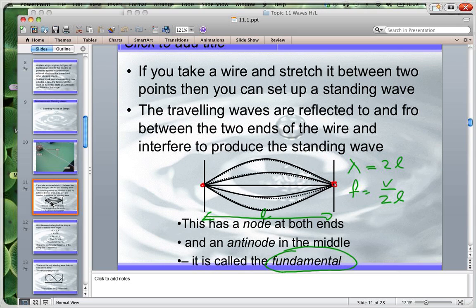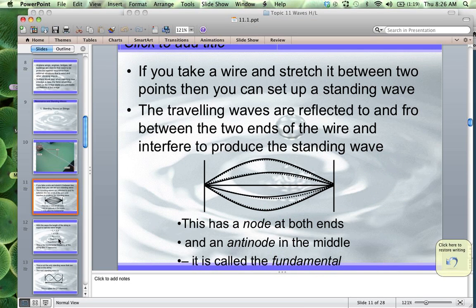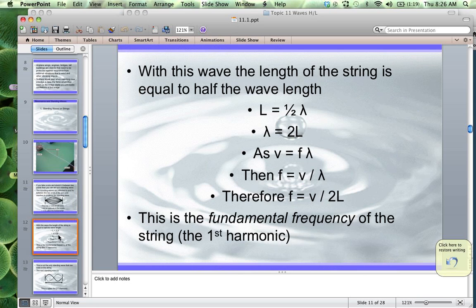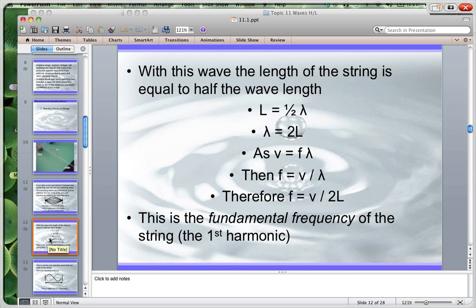That's called the fundamental frequency or the first harmonic. You've heard of that, for those that are musicians. The first harmonic gives the basic note, and then you get other harmonics that build upon that basic note.